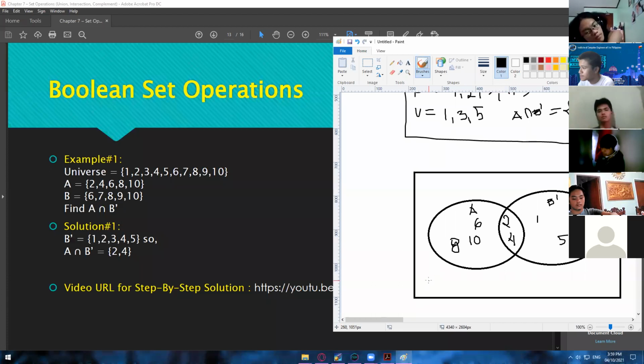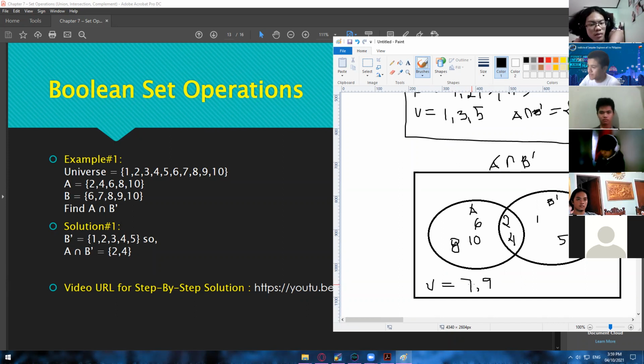So with that, we now have this A intersection B complement. And the universal set is equal to 1, 2, 3, 4, 5, 6. We don't have 7, we have 8, and we don't have 9. So 7 and 9 for the universe.